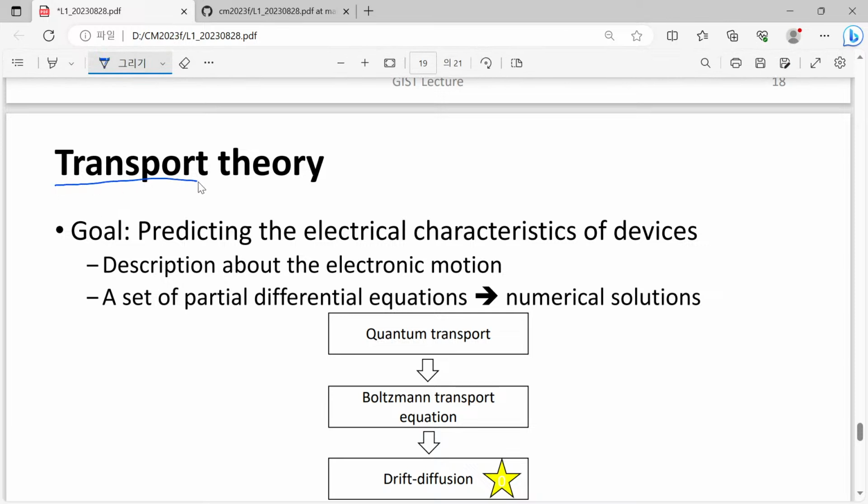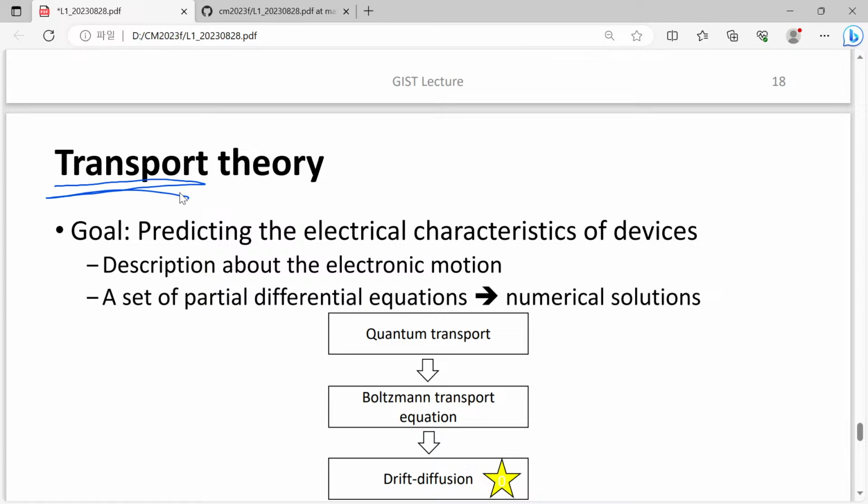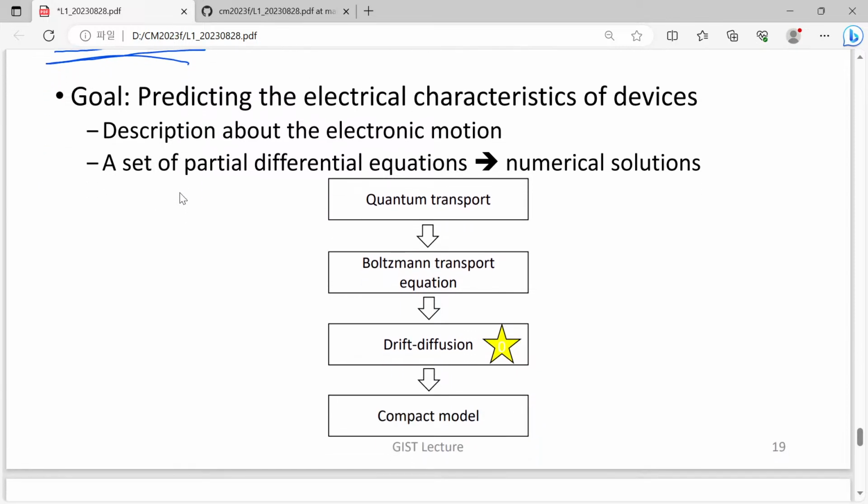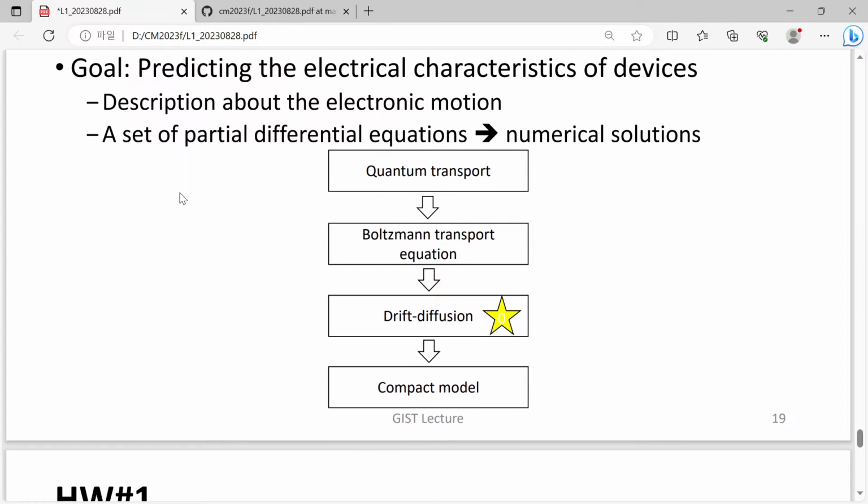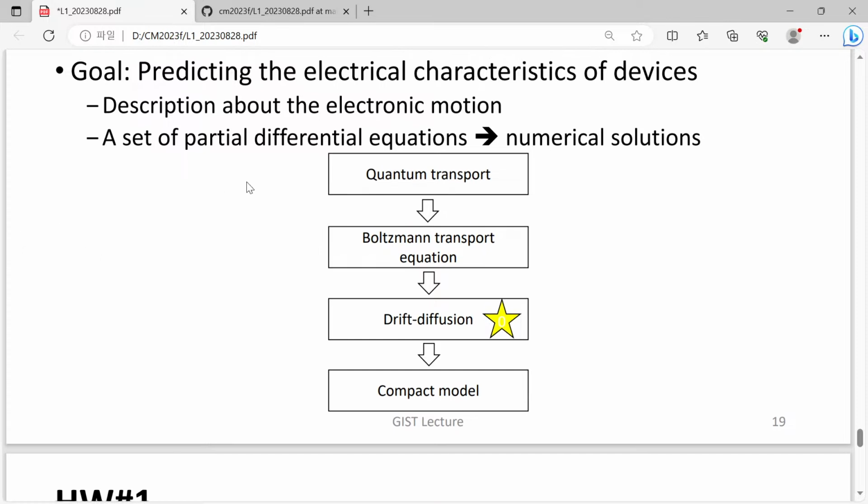So simply speaking, device simulation is a kind of transport simulation. Electrons transport, holes transport. Once we can simulate this transport accurately, then that's all. Since transport theory is well established, we can just follow the hierarchy of this theory, in which quantum transport is on top, so most fundamental.